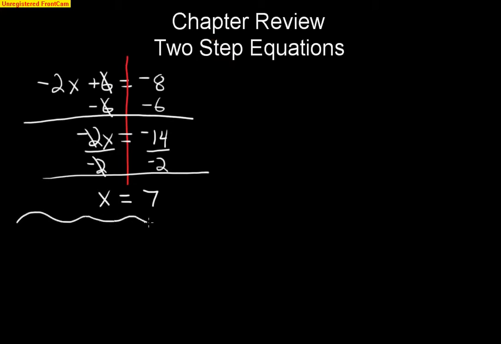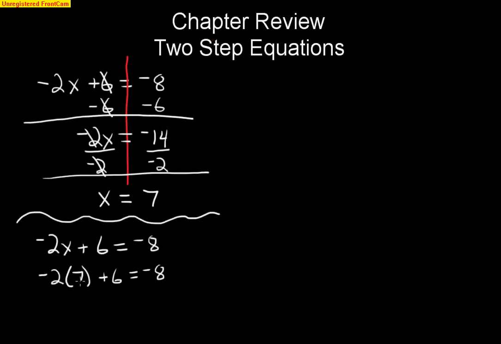Let's run this two-step equation through our verification process. Our original problem was negative 2x plus 6 equals negative 8. So negative 2 times x, and we said x was 7, plus 6 equals negative 8.